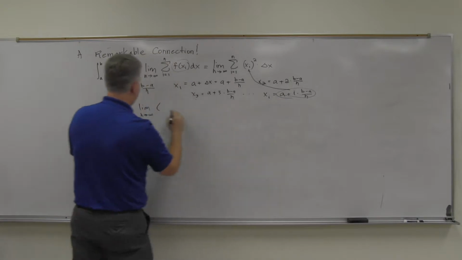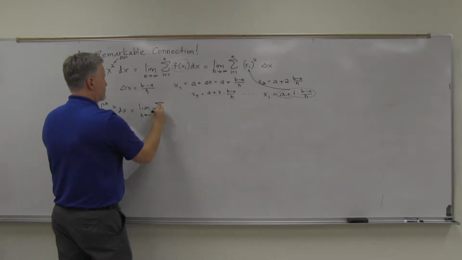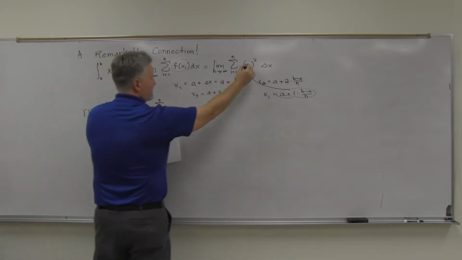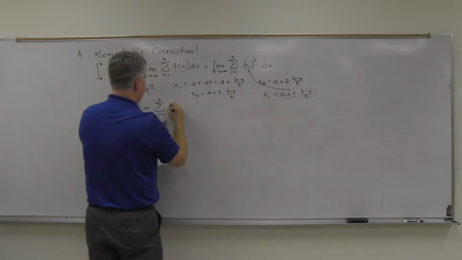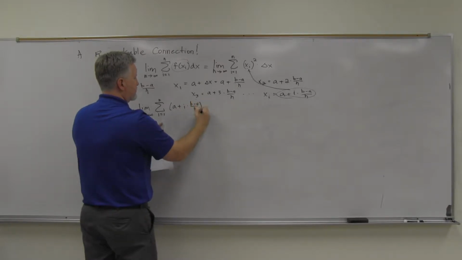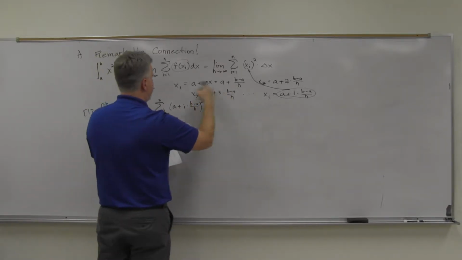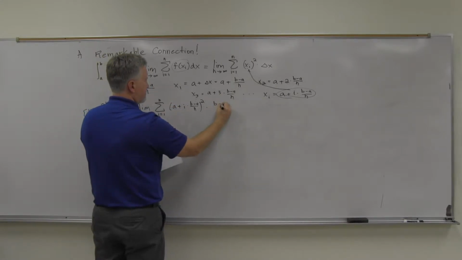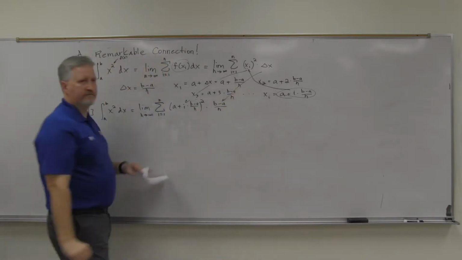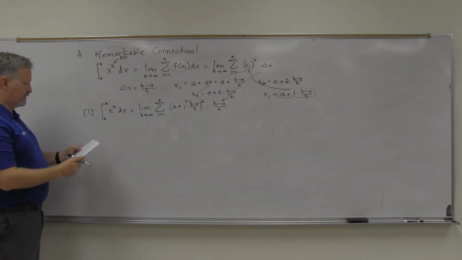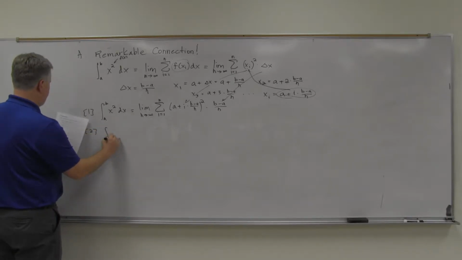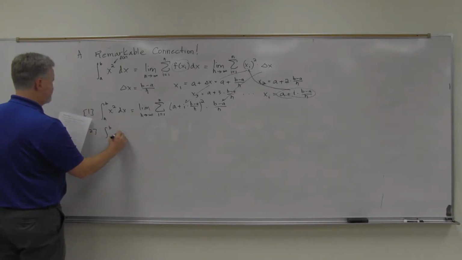That's my x sub i, so it'd be a plus i times b minus a over n, squared, times delta x, which is b minus a over n. So I'm just plugging in those things. That's line 1. All right, so line 2, I've got everything spelled out there.